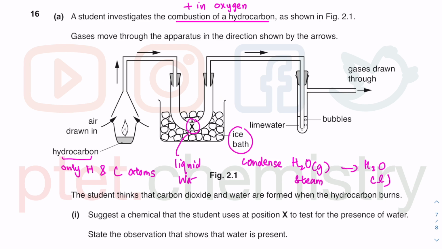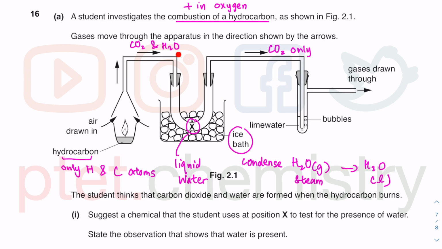But carbon dioxide does not get condensed by ice, as it doesn't melt or freeze at 0 degrees Celsius, unlike H2O. So the ice will definitely cool down the steam into liquid water. That means the gas that comes in here is just CO2 only. But there is CO2 and H2O.